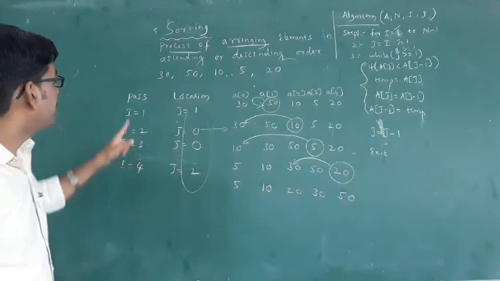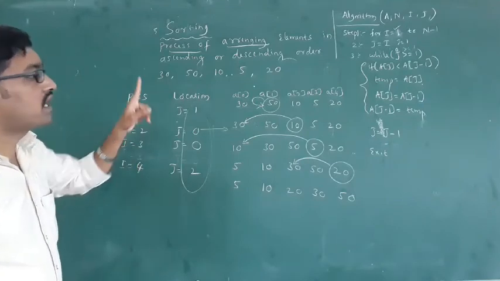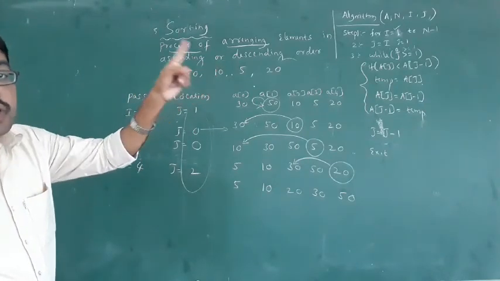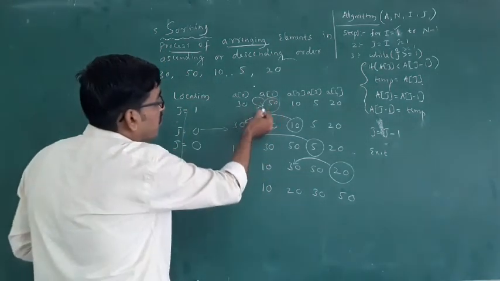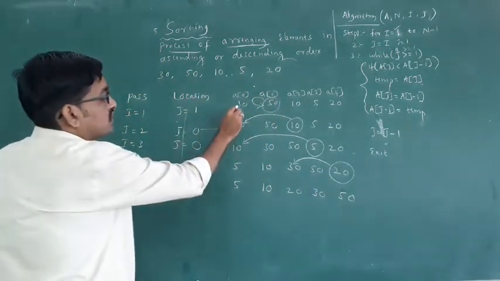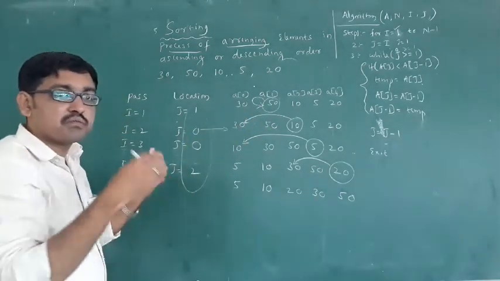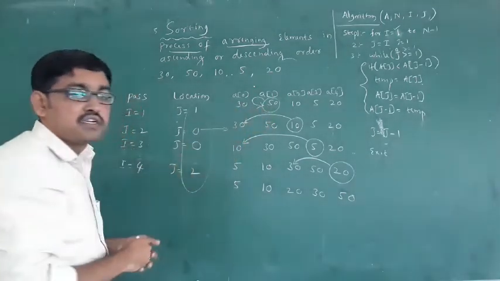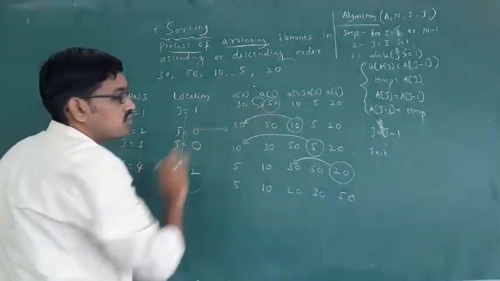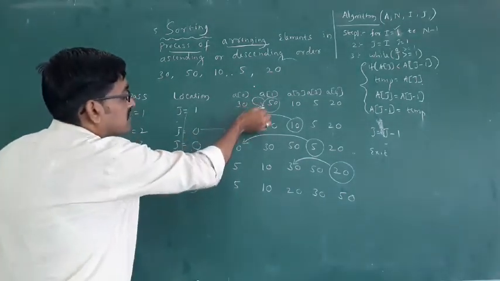After that, first i equal to 1, in the algorithm i always starts with 1. Then just you have to round up over a of 1. Just you have to check 30 with 50. Itself it is sorted, don't interchange, already it is correct. Okay, you have to compare the first two. Always itself it is sorted.